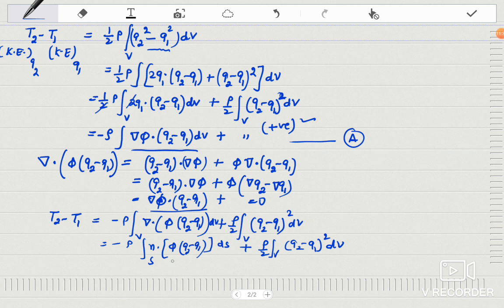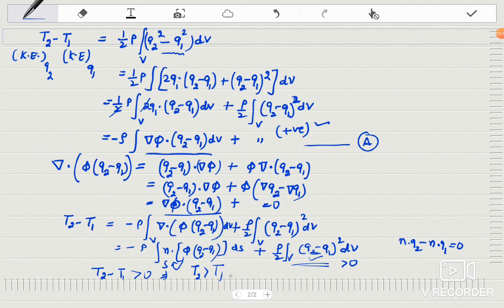Again, this phi may come outside and this n will go inside, so n dot q2 minus n dot q1. And what is n dot q2 minus n dot q1? It was 0, because we have the prescribed value of velocity at the boundaries. So again this whole term is 0, and you are left with this quantity only, and this quantity is greater than 0. So what you got: T2 minus T1 is greater than 0, which implies T2 is greater than T1.